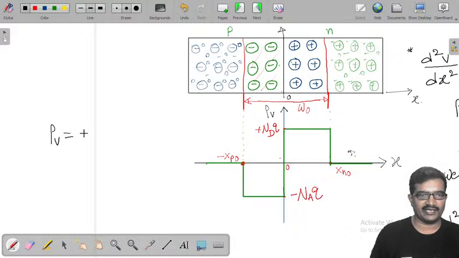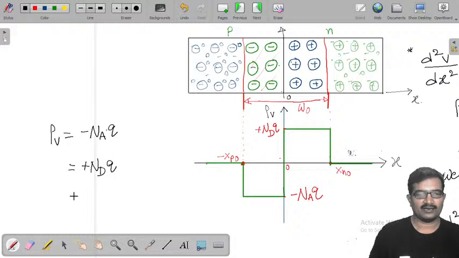First, minus Na into Q, second, plus Nd into Q, and third, 0.